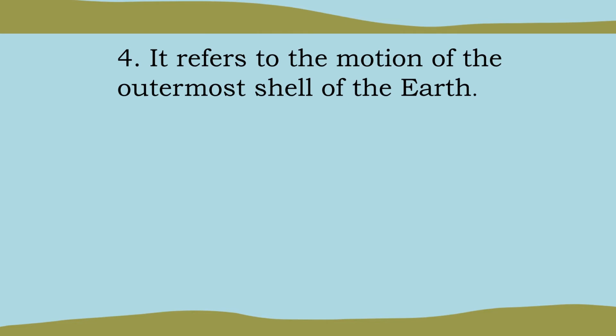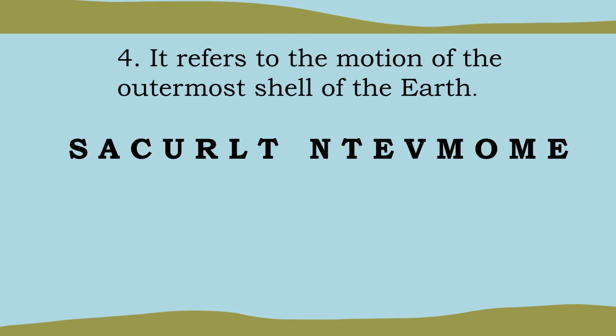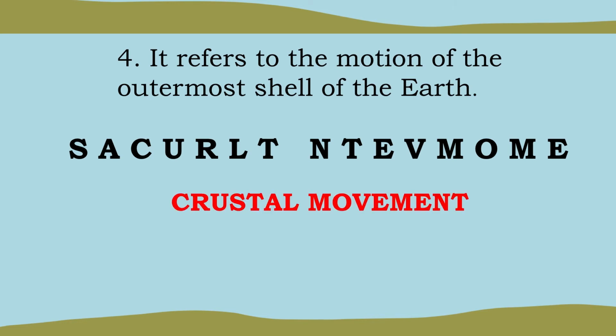The given jumbled letters are S, A, C, U, R, L, T, space, N, T, E, V, M, O, M, E. What is the answer? The answer is crustal movement.